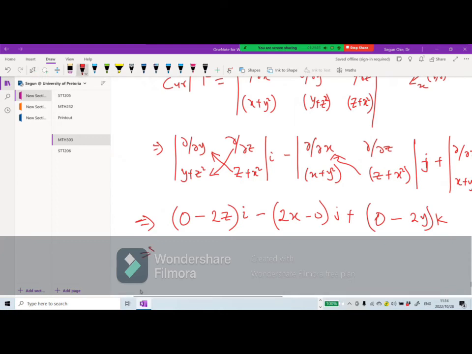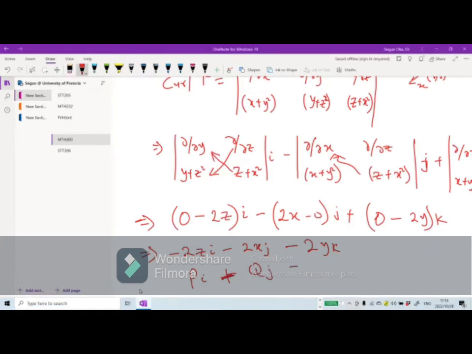So we are going to have minus 2zi minus 2xj minus 2yk, which is the same thing as our Pi plus Qj plus Rk.